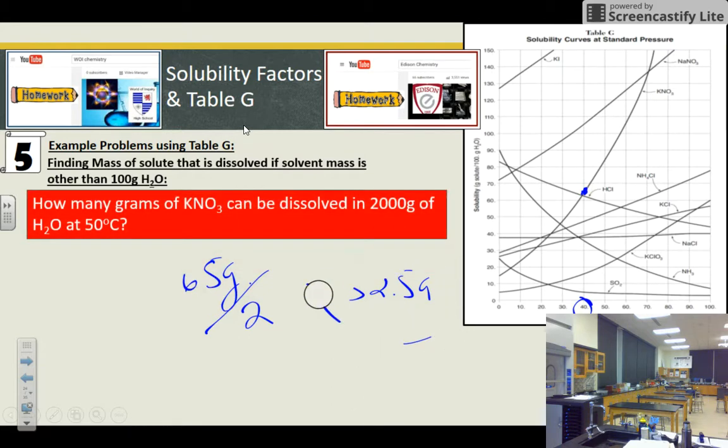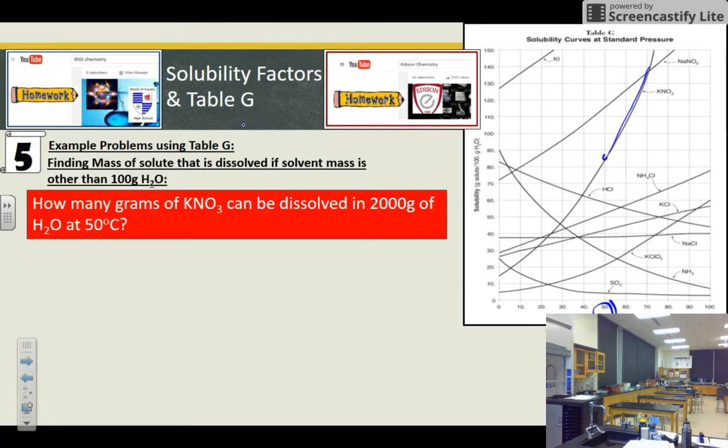What if I double the amount of water, Mr. Noakes? Well, then guess what? We can double the amount of stuff. Let me go through this because this one's key. 50 degrees, bam. KNO3, got it. Here we go. It's right here. I can get 85 grams to go into 100 grams of water.